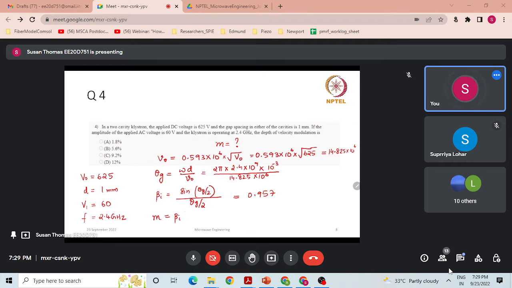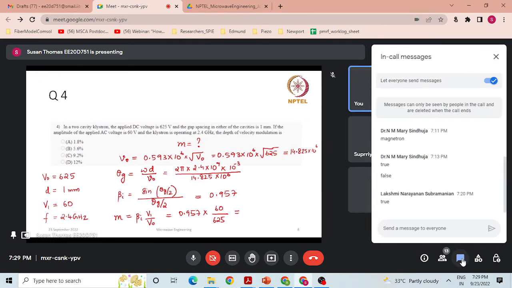So 0.957 into V1, the AC voltage, 60, by V naught, the DC voltage, 625. So can anybody let me know the answer here? What is the option among the options?